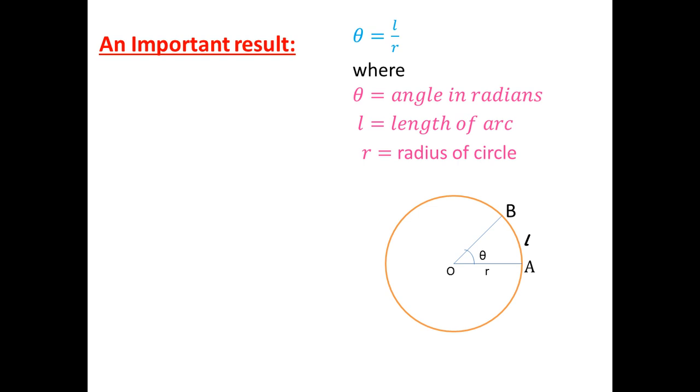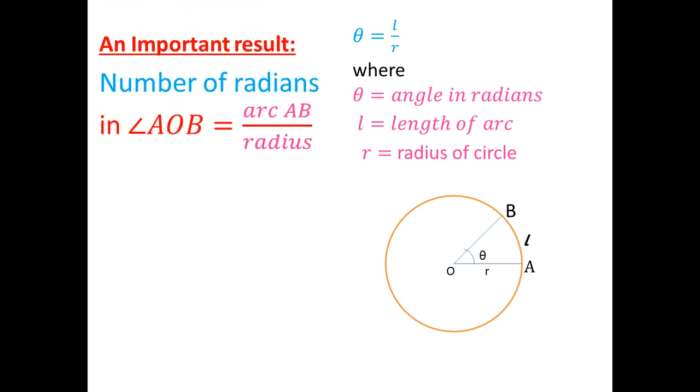We have a circle with center O. O is initial line, OB is your revolving line, AB is length of arc, that is equal to L, OA is radius or OB is radius, R equal to R, and angle AOB equal to theta. So theta is equal to L by R. Or we can say that number of radians in angle AOB is equal to arc AB by radius.